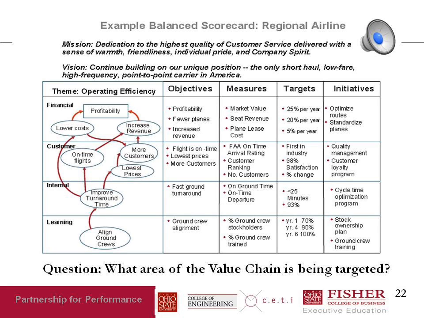See what the objectives are for each of those goals. See what the measures are for each of those goals. See what the targets are, what you're shooting for in each of those goals. And on the rightmost column, see what you're going to do in order to achieve those goals. Once again, most importantly though, see how all these are connected together. And that's the goal, or that's the reason for using a balanced scorecard.